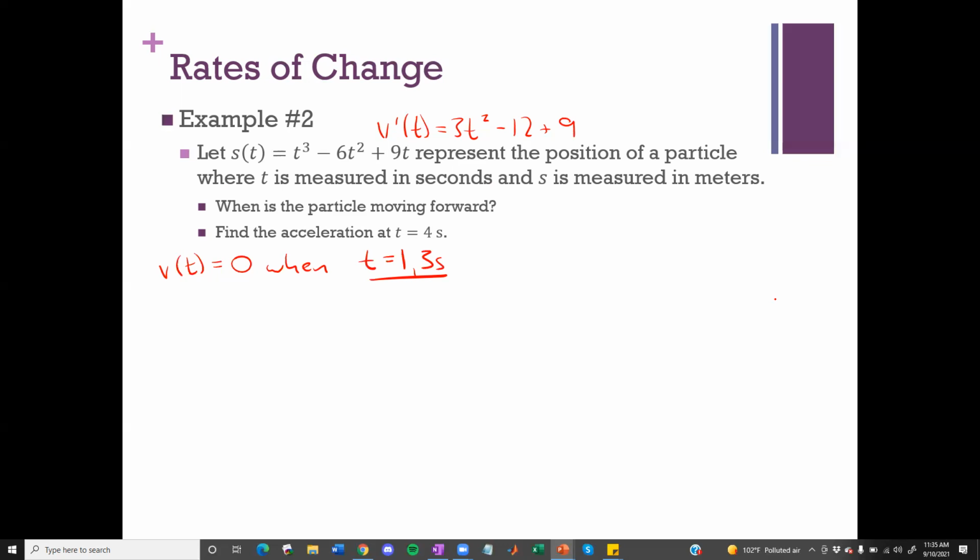So let me ask this: when might it be moving forward? When the derivative is positive. That's really what we're looking at. That implies forward motion. So how can we find out when that derivative is positive?